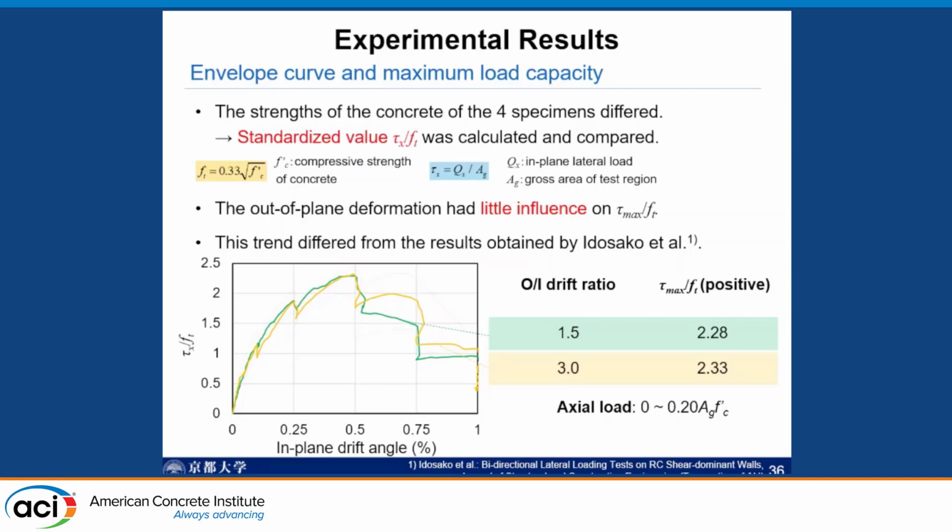And then in this specimen, the difference is very small. So in this case, even if we apply the out of plane drift, that did not influence the in-plane capacity of the wall.